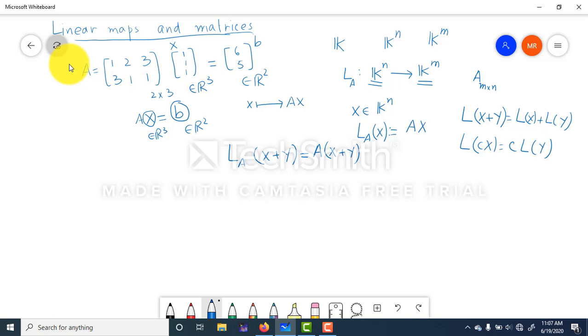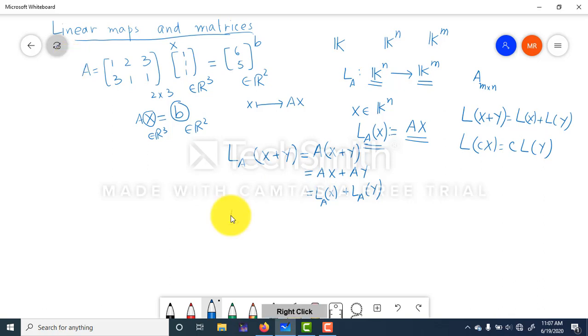And now using matrix algebra, we know that this is Ax plus Ay, which is equal to LA of x plus LA of y. And hence, this first property is satisfied by this mapping defined by this matrix product.